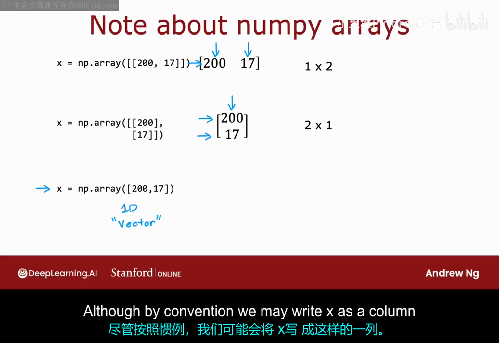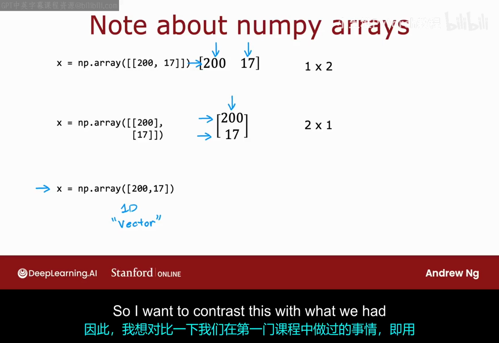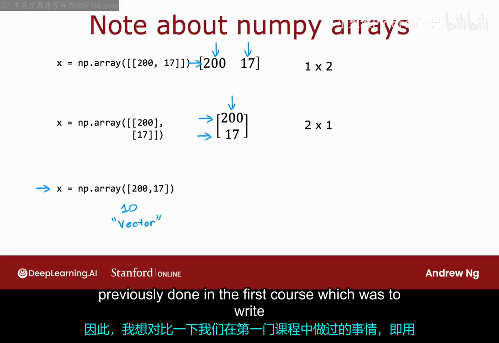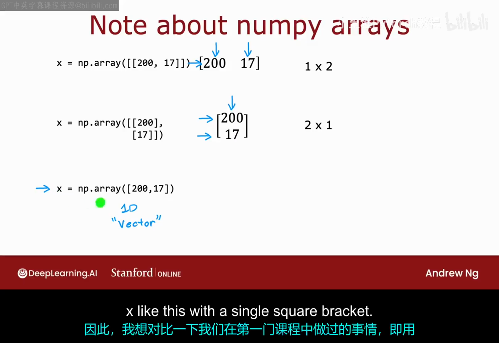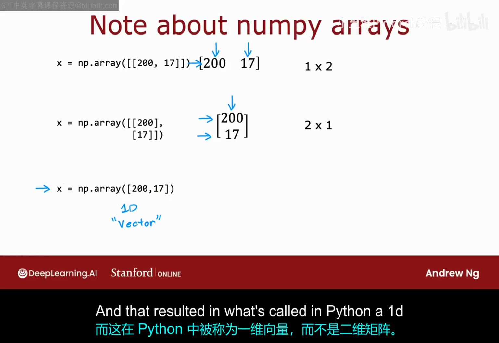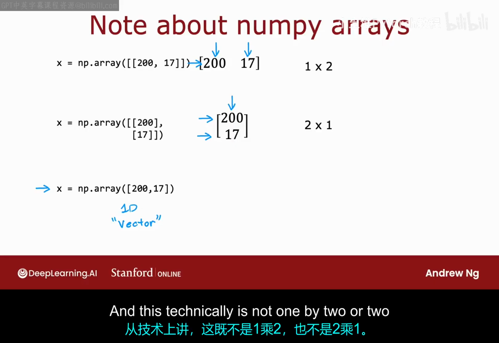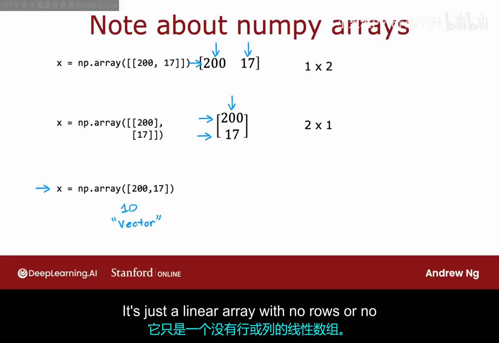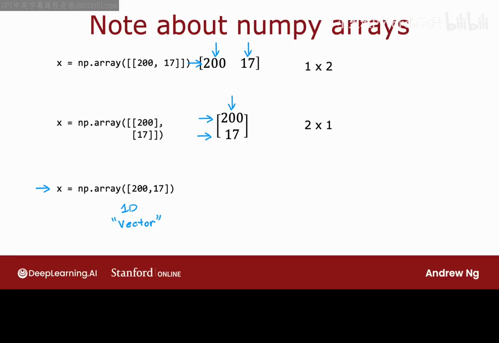Although by convention, we may write x as a column like this. So I want to contrast this with what we had previously done in the first course, which was to write x like this with a single square bracket. And that resulted in what's called in Python a 1D vector instead of a 2D matrix. And this technically is not 1 by 2 or 2 by 1. It's just a linear array with no rows or no columns.